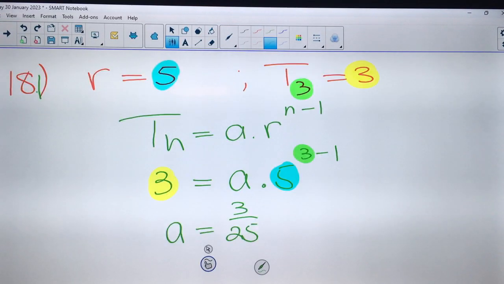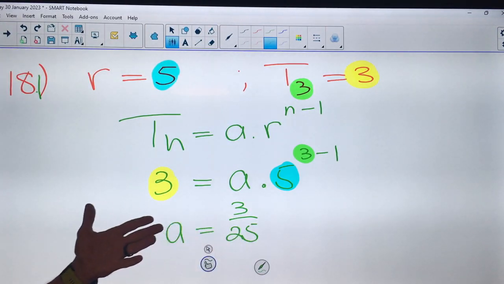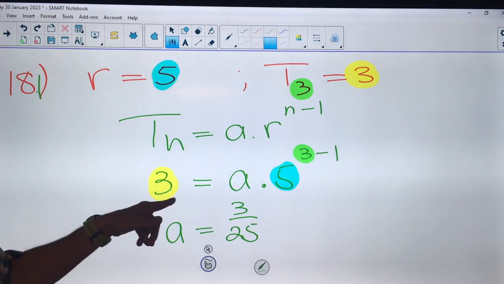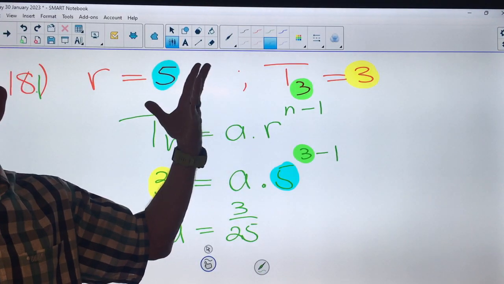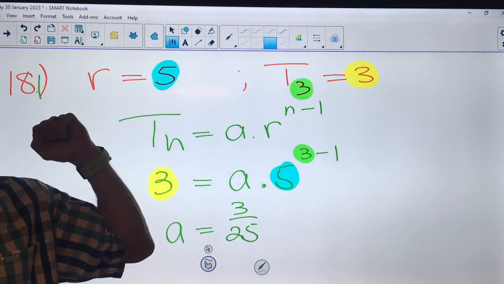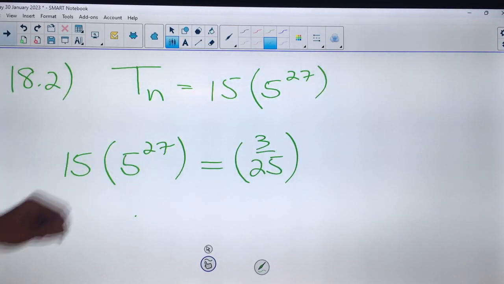Or did you just leave it like this? This is the first term. Oh yeah, A is the first, but you can do it like that. Okay, so if you go with T1, then it's A, that would be 5 to the power of 0, which is 1 anyhow. Okay, with me now. Good question though. So we have the first term as that.